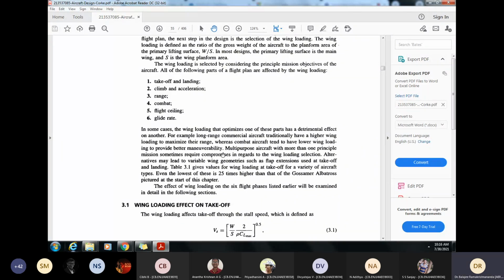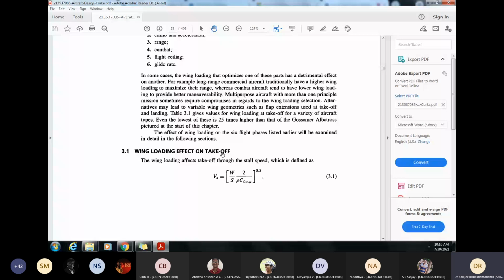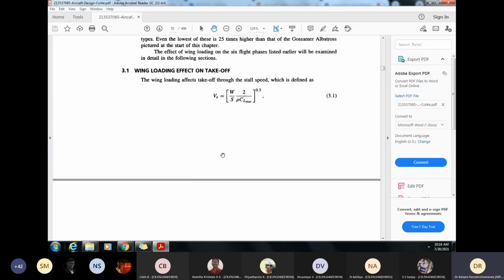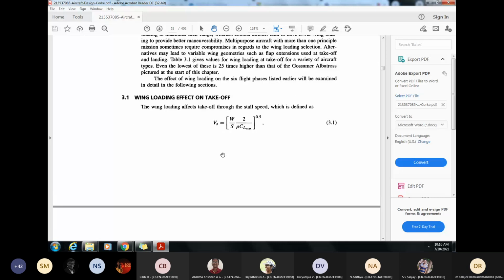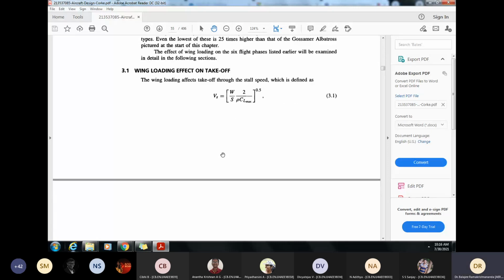Now we look at these things in detail. Okay. So, wing loading effect on takeoff. Now, remember the definition of CL, it will solve a lot of problems for you.